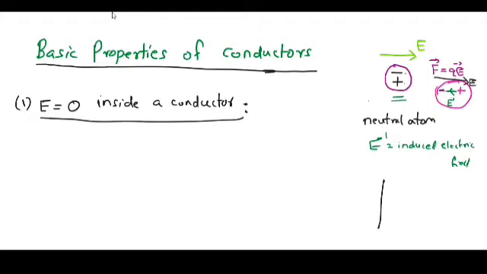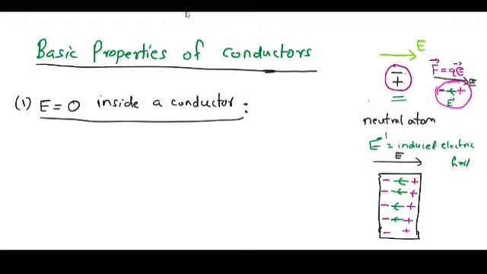As a result, our conducting material can be drawn like this. This is the externally applied electric field, and for the charges induced inside this conductor, one side will be positive and the other side will be negative. Then the induced electric field will be from positive to negative.